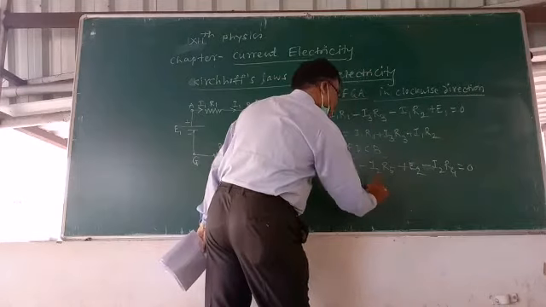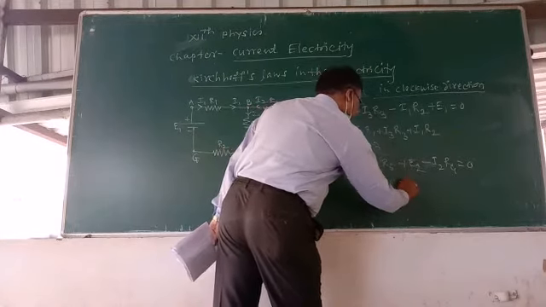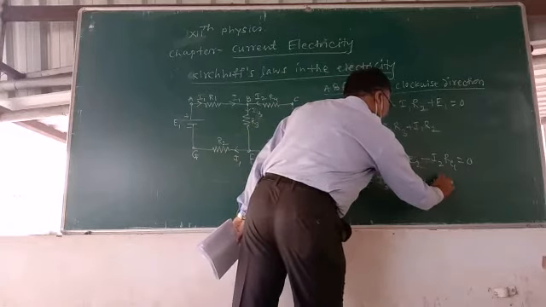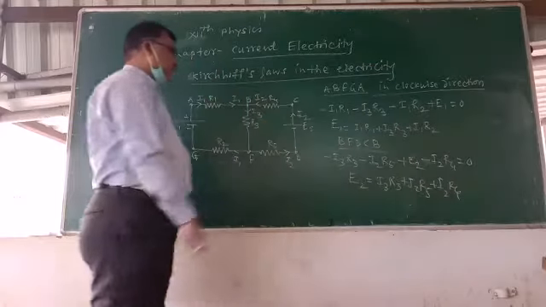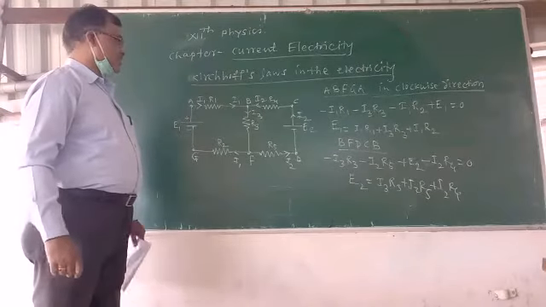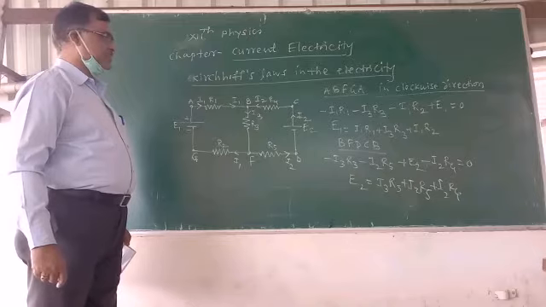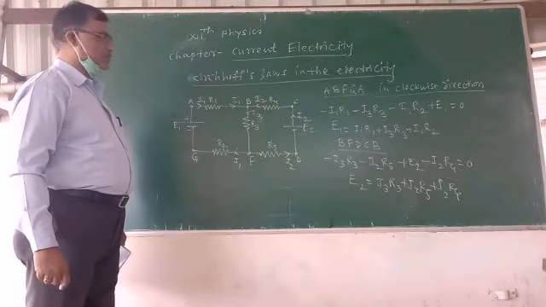E2 is equal to I3 R3 plus I2 R5 plus I2 R4. This is the electromotive force. E2 is equal to I3 R3 plus I2 R5 plus I2 R4.